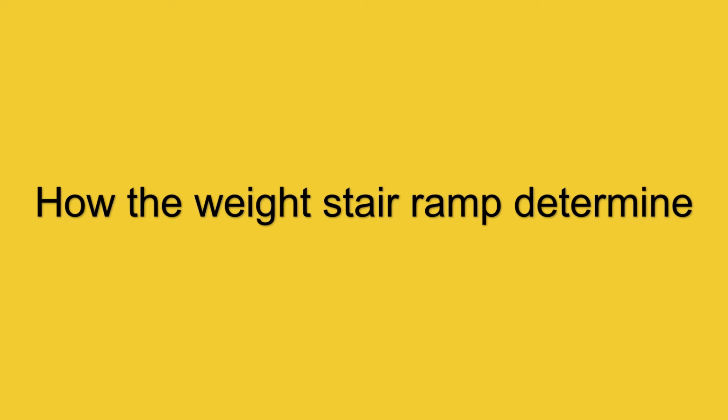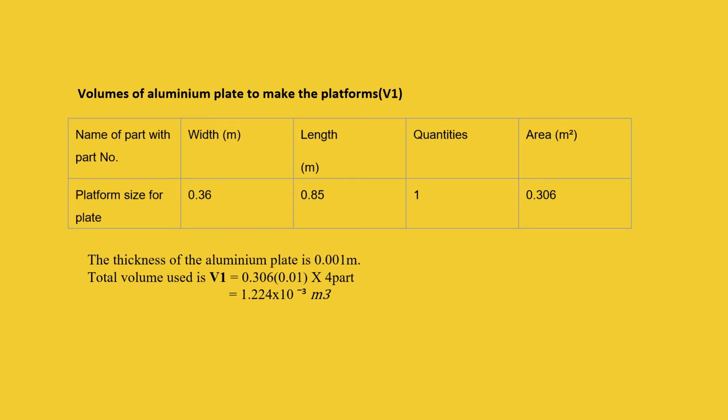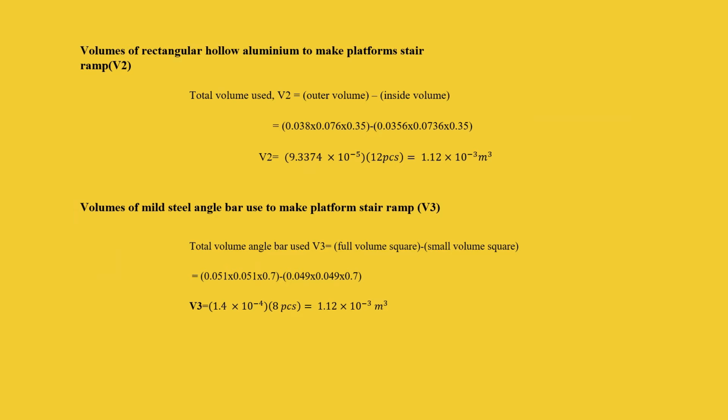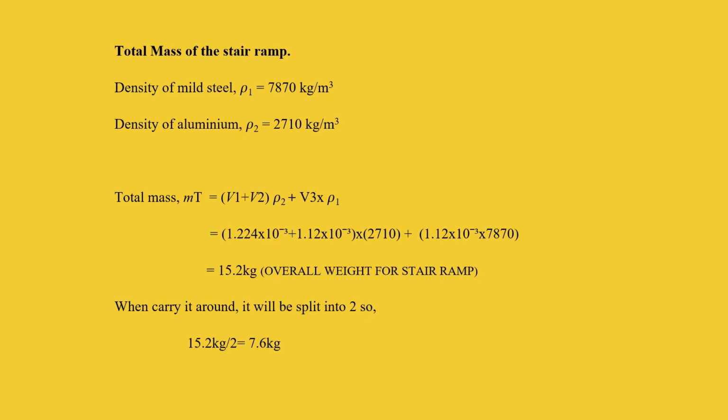How the weight of our stair ramp is determined. Firstly, we find the volume of aluminium plate. And secondly, find the volume of rectangular hollow aluminium, and the volume of mild steel angle bar.